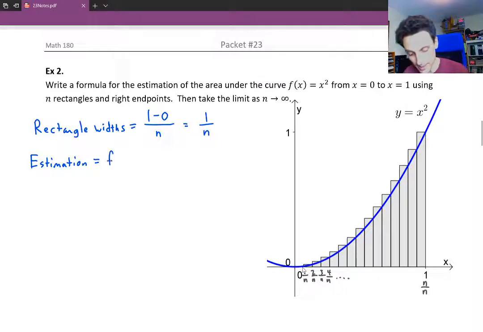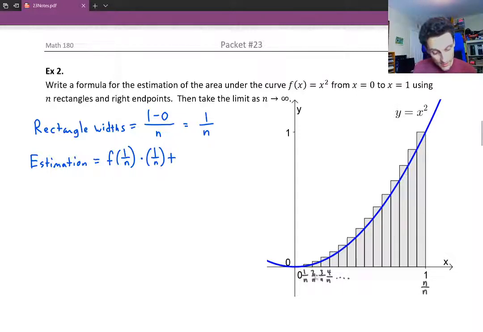We're plugging that into the function to get the height of that first rectangle, and then if we multiply that by the width of that first rectangle, which is 1 over n, then that gives us the area of that first rectangle. Again, doing exactly the same work as in packet 22, but just generalized because we don't know how many rectangles we have exactly.